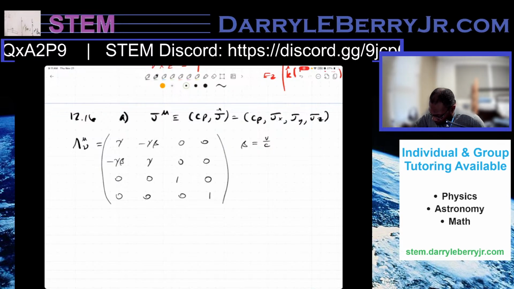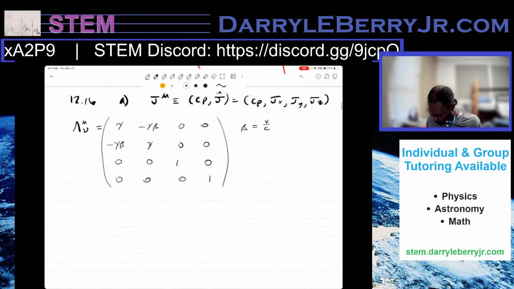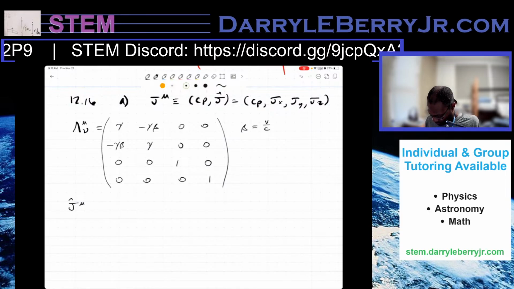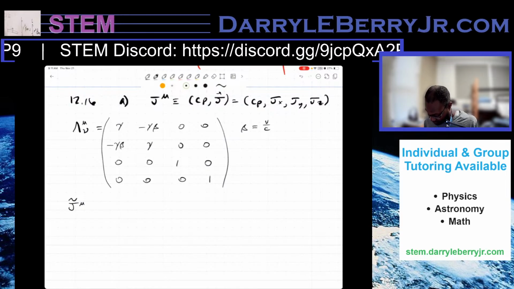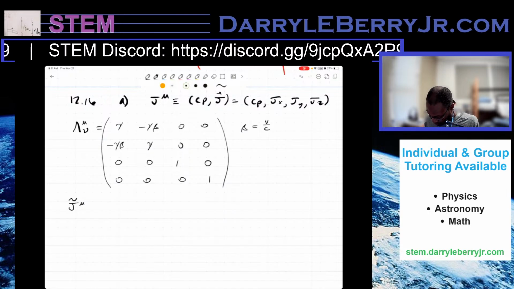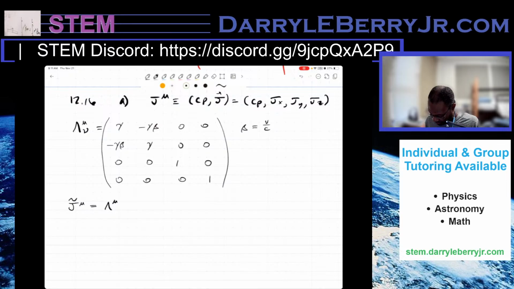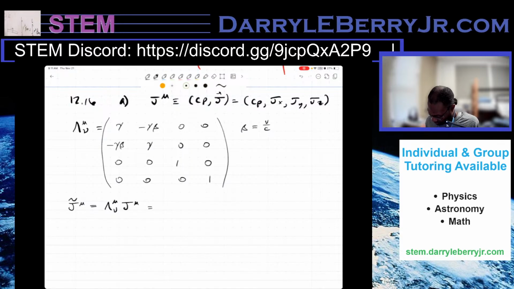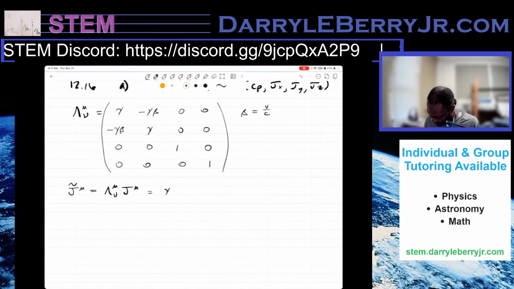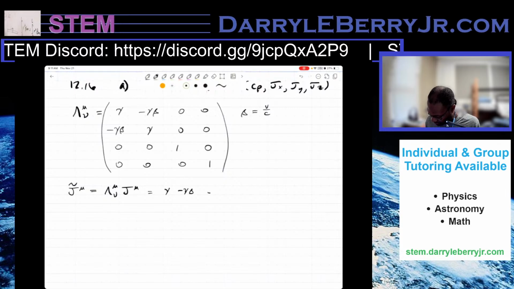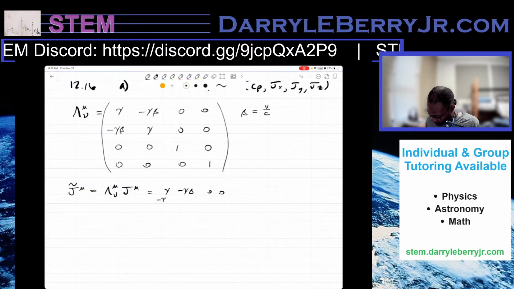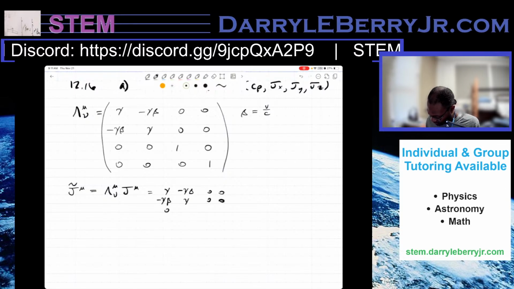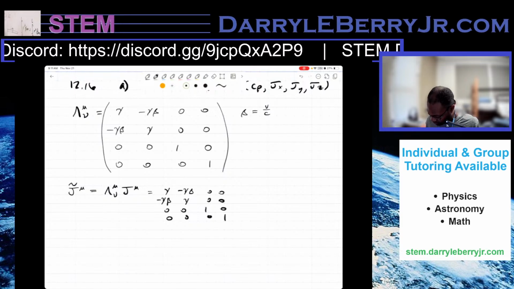And so if I wanted to transform this into the prime or boosted frame, I would multiply the tensor by the original one.